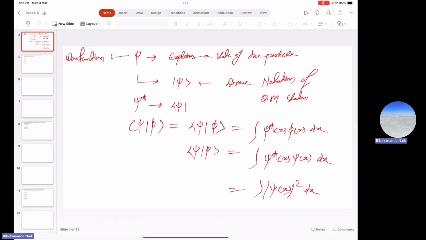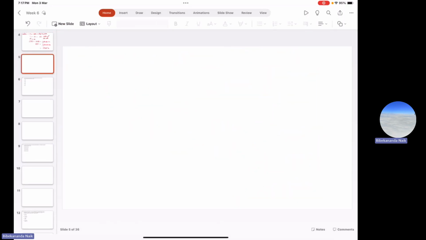Let me first add another slide. So, for example, suppose there is a physical quantity represented by operator A. The operator A is written as A cap, and when that operator gets operated on a state, the state becomes psi star.